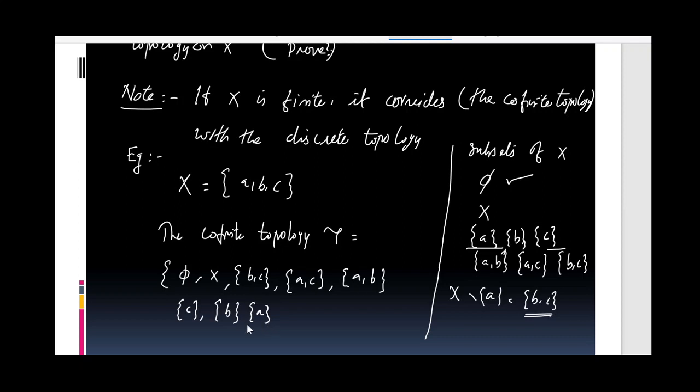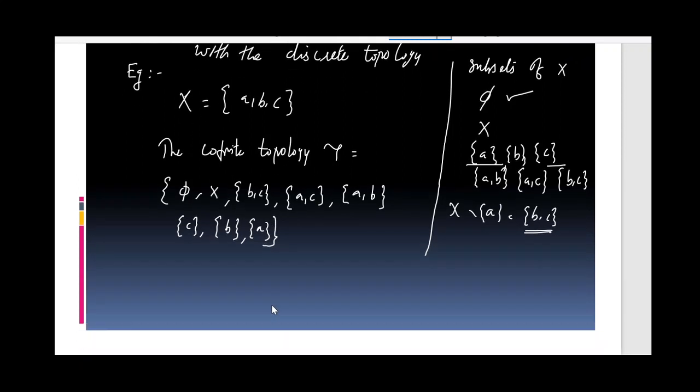Have I missed any subsets? No. So I get all the subsets of X, which coincides with the power set topology, or the discrete topology. So whenever a set is finite, the cofinite topology coincides with the discrete topology.